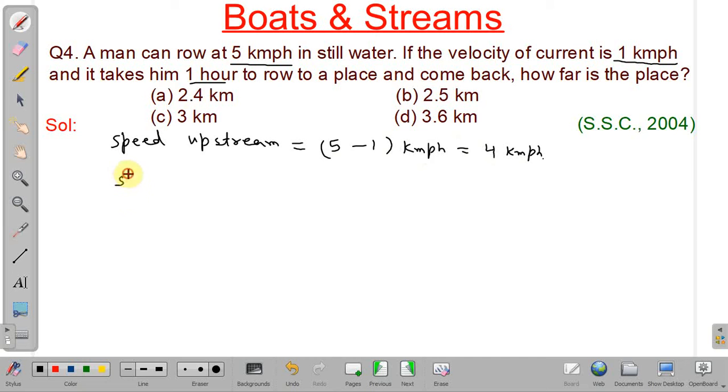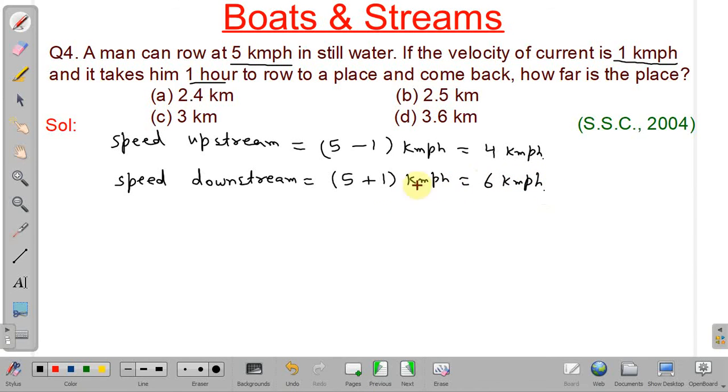Similarly, speed in downstream direction, speed downstream, is equal to speed of boat in still water, or here it is man, speed of rowing of man is 5 plus speed of stream, that is 1. So 5 plus 1 equal to 6 kilometer per hour.